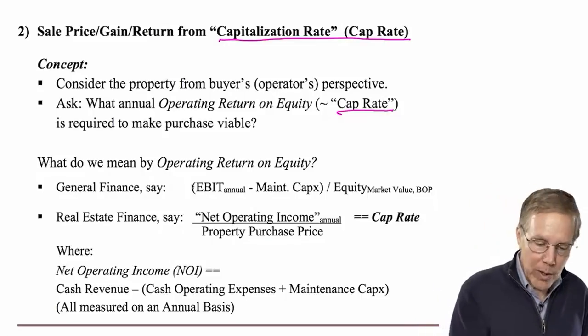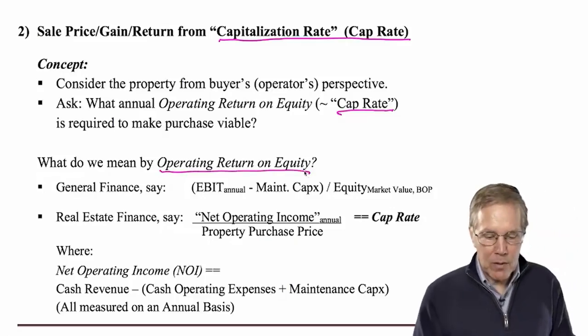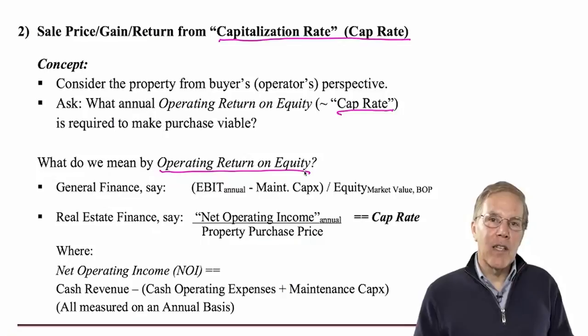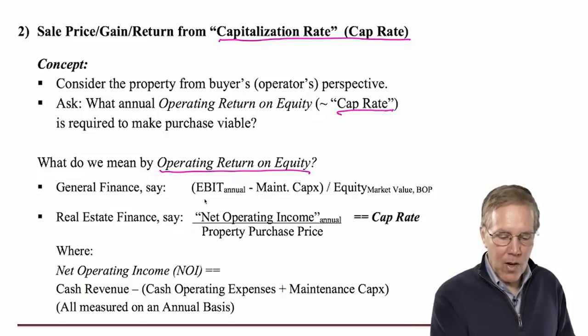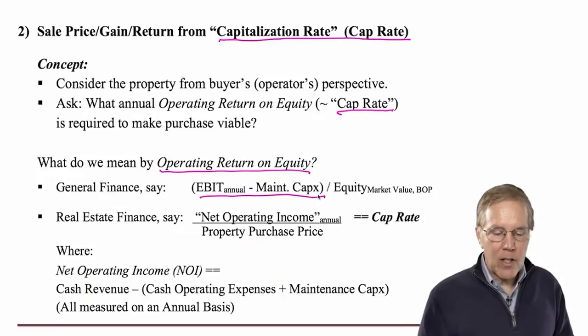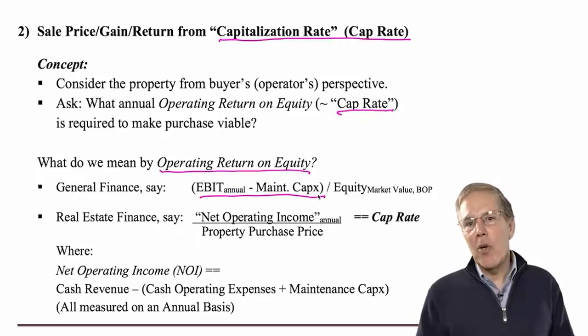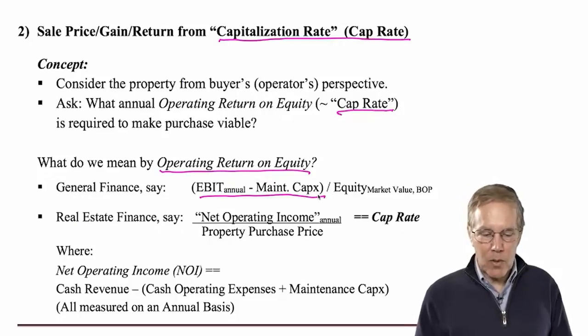So what do we mean, first of all, by operating return on equity? In general, in finance, if you've had a first course in finance, you probably learned that operating return on equity looks something like this: our annual earnings before interest and tax minus our maintenance capital expenditures on the property. Maintenance CapEx means fix the leaks in the roof, repoint the bricks every now and then, replace windows as they need replacing, that sort of thing.